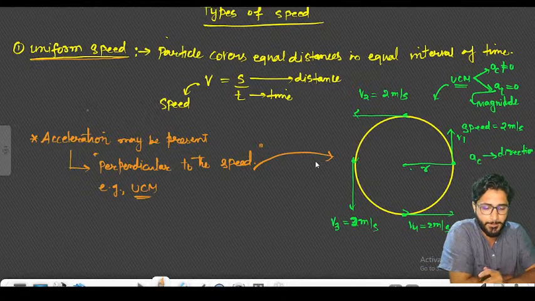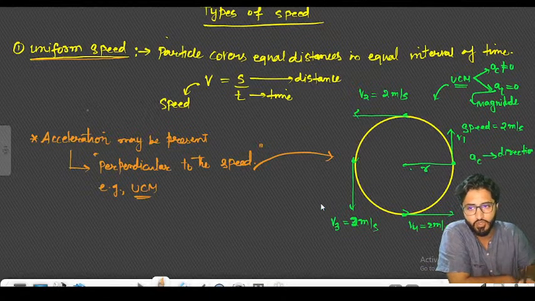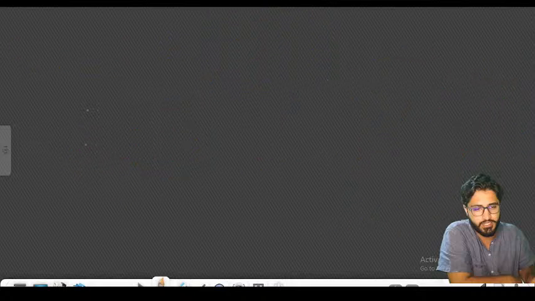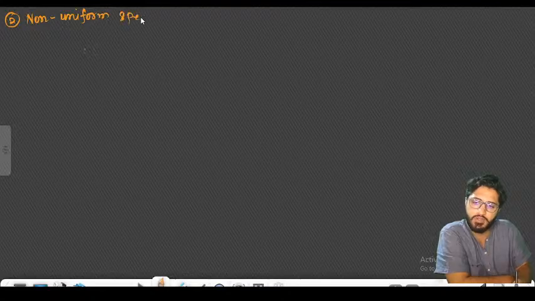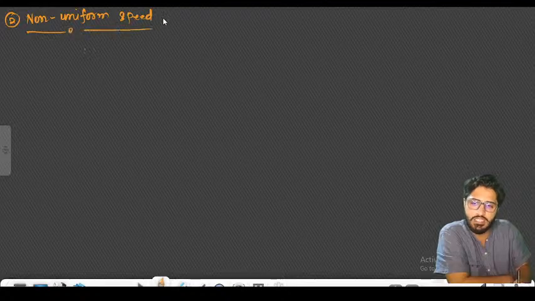Done? Okay. So uniform speed is the first part, and the second part is known as non-uniform speed. Uniform means equal distance in equal interval of time.